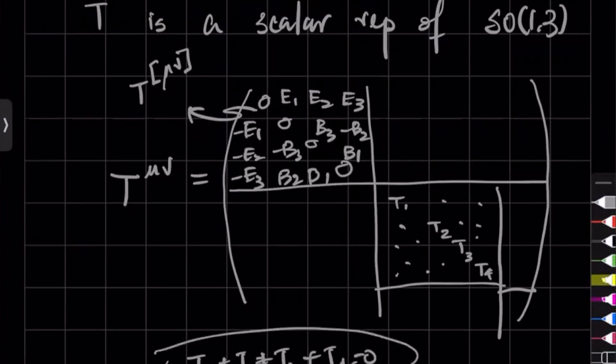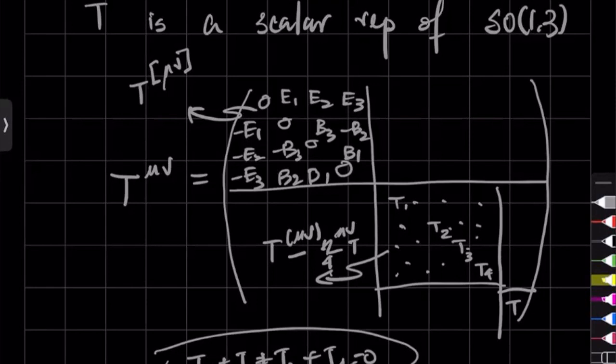So only 3 of these guys will be independent, and this will be basically T^{μν} symmetric minus η^{μν}/4 T, and here we will have T. Okay, so this is basically how the vector space on which the Lorentz transformations act will decompose.